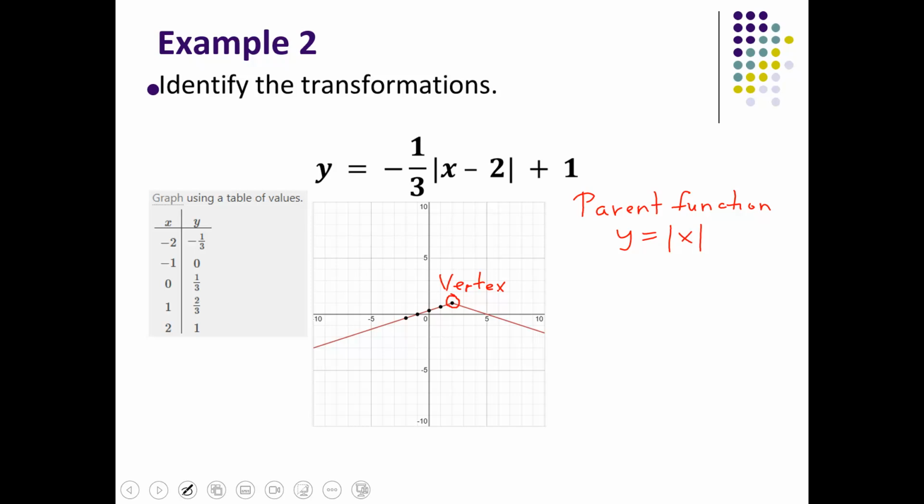There we go. That's our vertex, 2, 1, or it's our h, k, opposite of h, and then our k.